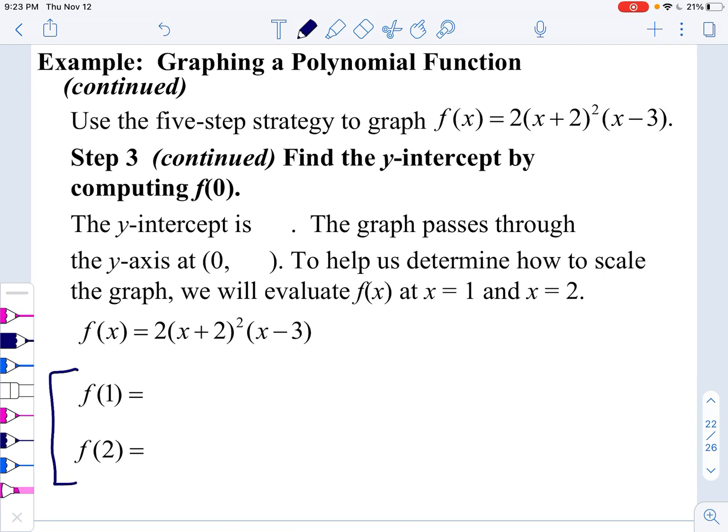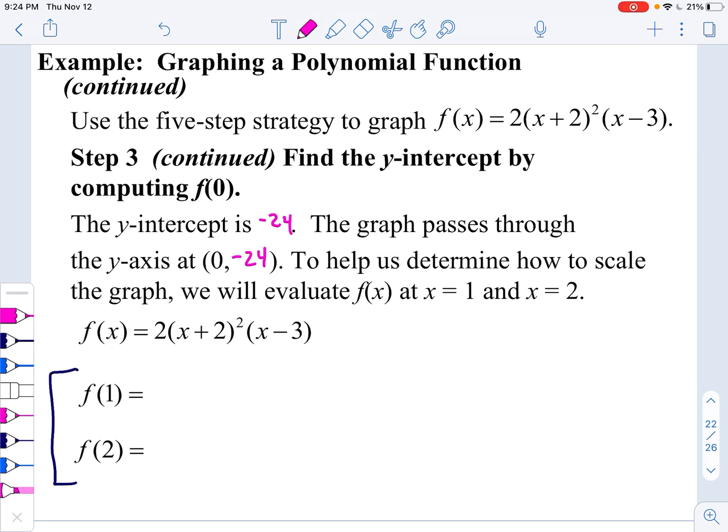So, filling in the rest of what this says, we said that the y-intercept was at -24. So the graph passed through our (0, -24). And it says to help us determine how to scale the graph, we will evaluate f of x at 1 and 2.